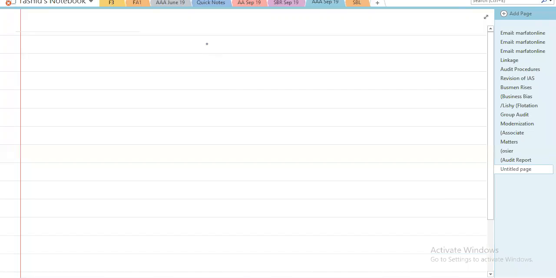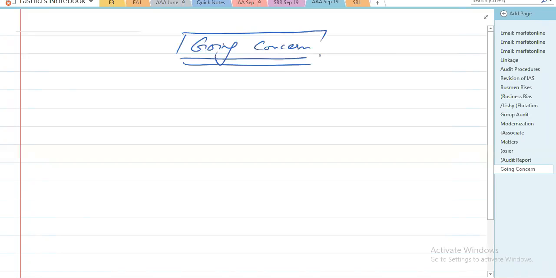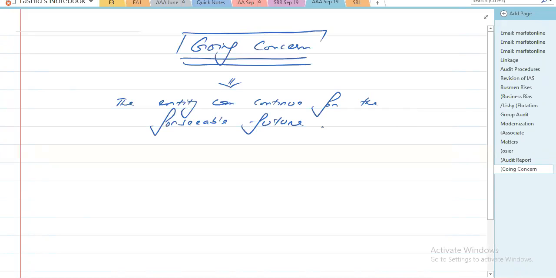So first of all, what is going concern? Although you will have a detailed video on this, I'm just going to describe it for the report purpose. The going concern is that the entity can continue for the foreseeable future.